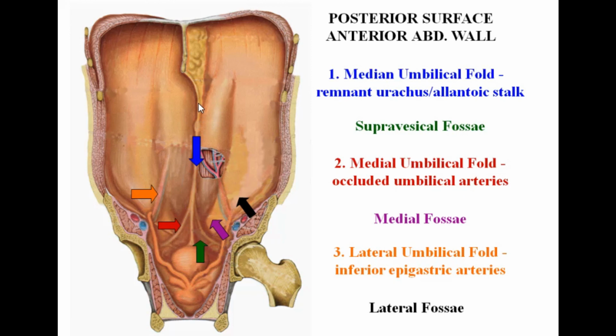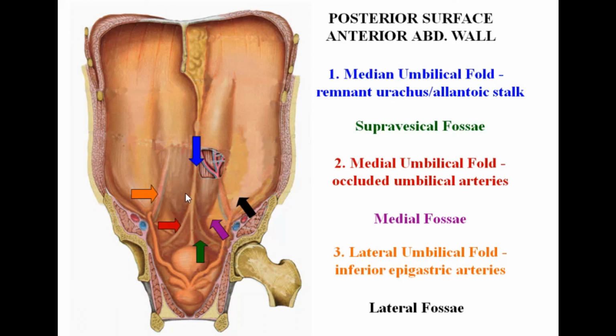On the posterior abdominal wall, you see this fold right here, and we call it the median umbilical fold. The median umbilical fold is in the center, not medial, but median with an N. It is a remnant of the urachus or the allantoic stalk. So key to remember, that one is in the center.